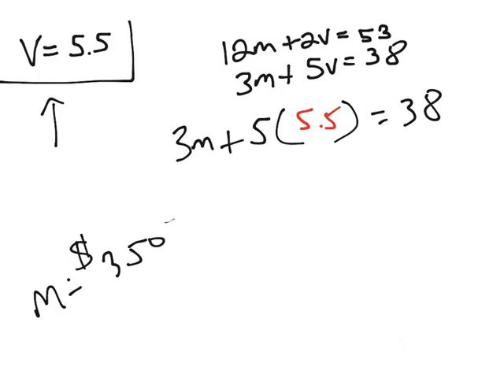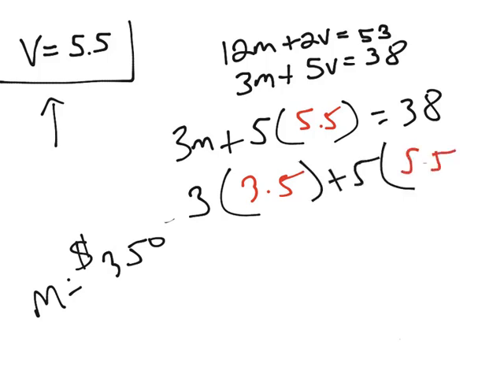All right. We're going to say 3, and then for m, we're going to say 3.5, plus 5. And then our v, we're going to say is still 5.5. And then we're just going to check, does that equal 38?